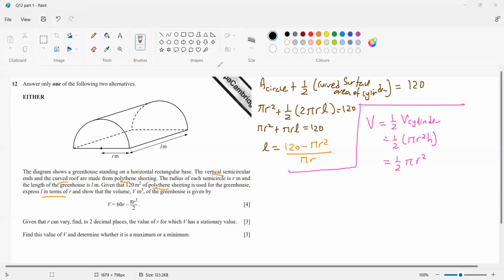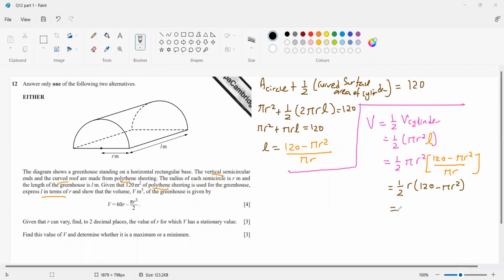The h is actually L, so we replace it, because h is given as the letter L. So the L part becomes 120 minus pi r squared, whole thing over pi r. When we simplify this, pi r cancels, so 120 minus pi r squared.